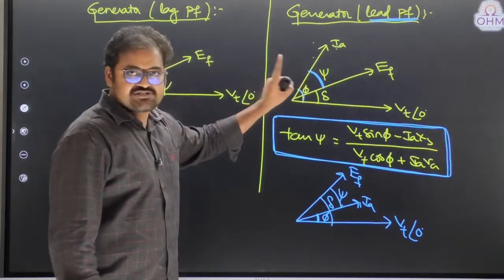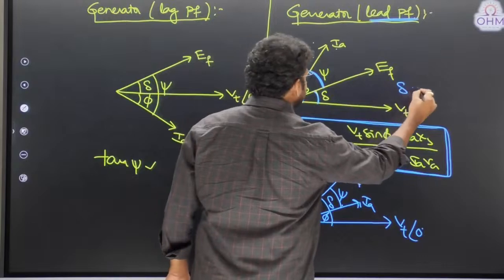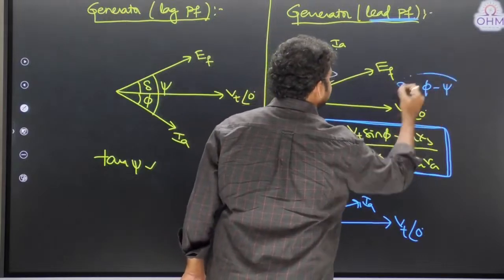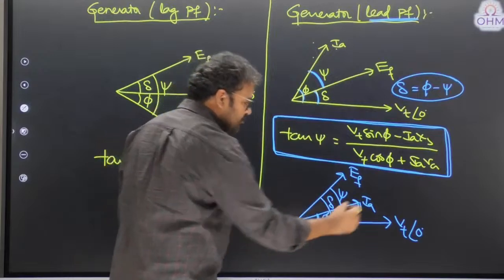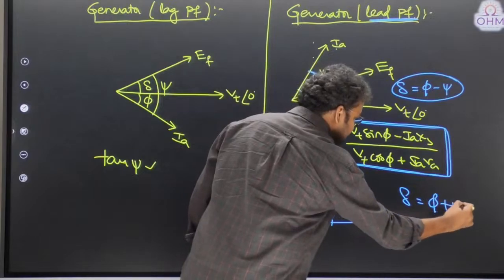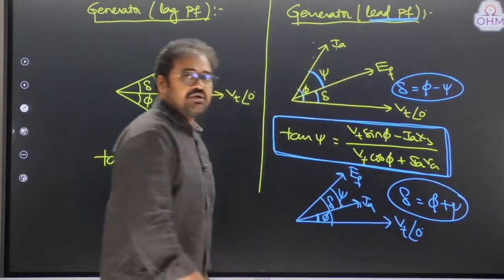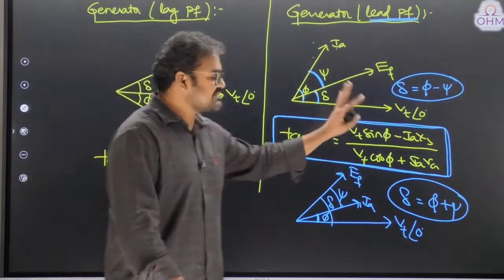Suppose the first case is followed, tell me what is the load angle delta. Can I say delta is equal to phi minus psi? Yes. If you use the second case, what is the delta formula? Delta is equal to phi plus psi. Which formula to be used? How do you know? Simple. Calculate tan psi.